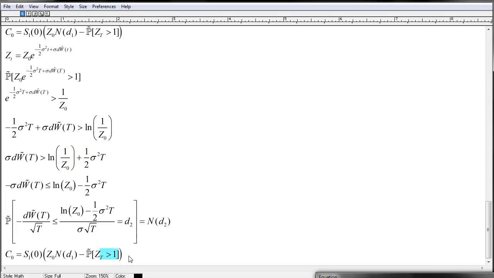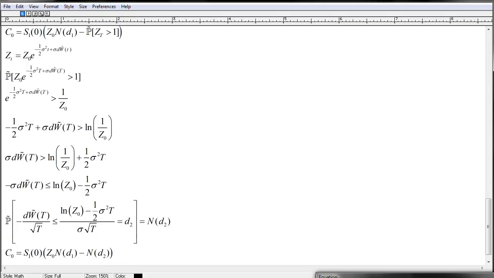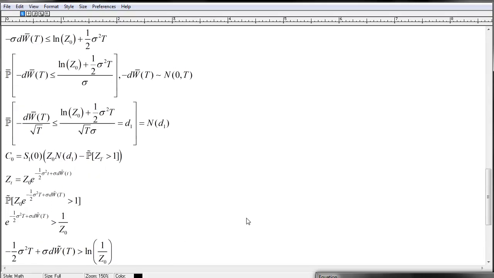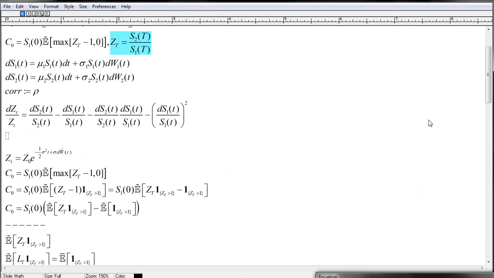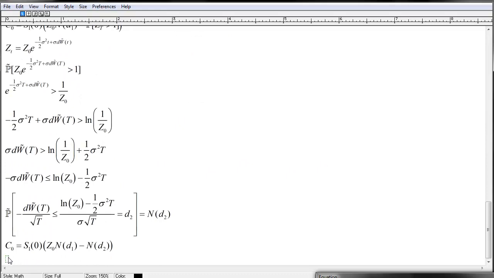Please let me finish it. And notice what Z0 is. Well, Z0 is S2 as of time 0. Do you think I can finish this example?